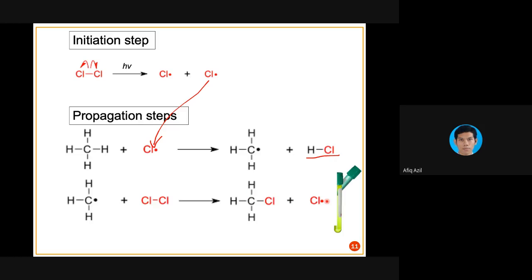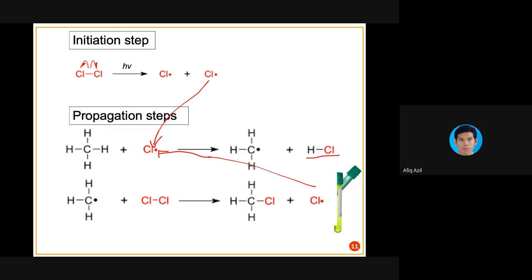So where does this chlorine free radical go? It will go back here to the first step of propagation, in which it will be used to react with another starting material of alkane.